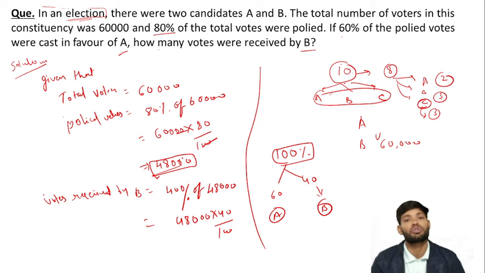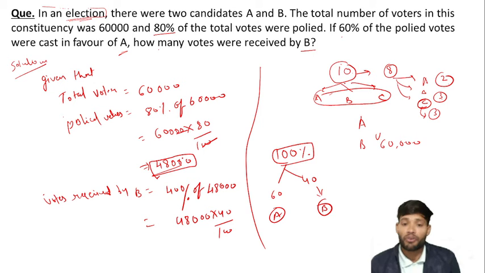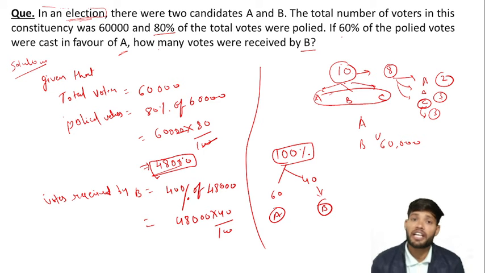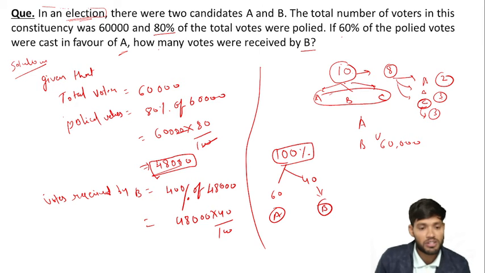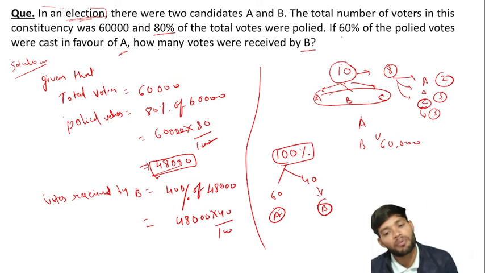From these, candidate A received 60% of polled votes. So 60% was cast in favor of A, and all the remaining votes will be cast in favor of B.